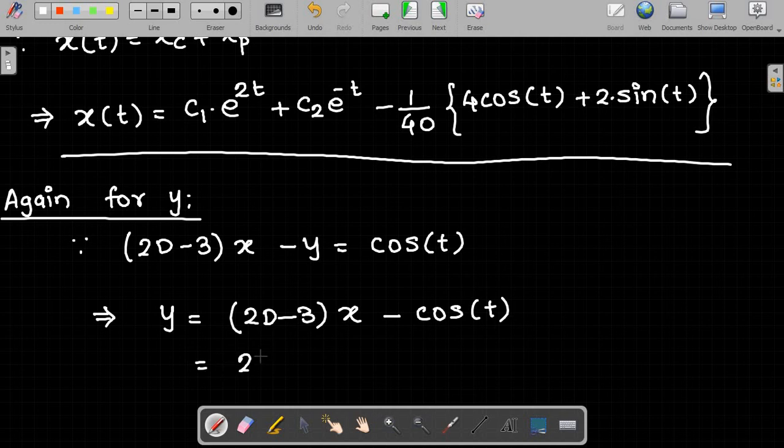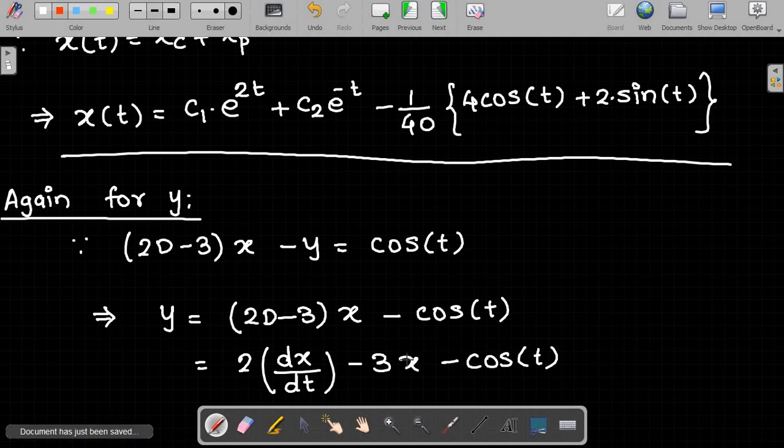So this is nothing but 2 times the derivative of x with respect to t minus 3 times x minus cos t, out of which x we have calculated in terms of t. We can differentiate x with respect to t, substitute those values here, and simplify to find the required value for y. So whatever we get, that will be the required solution.